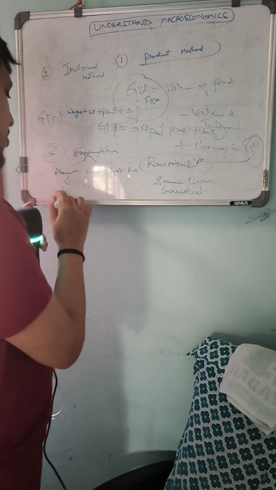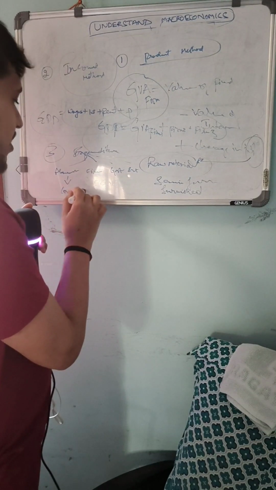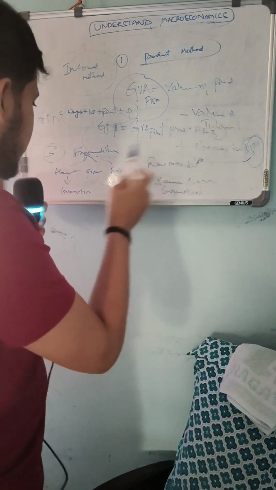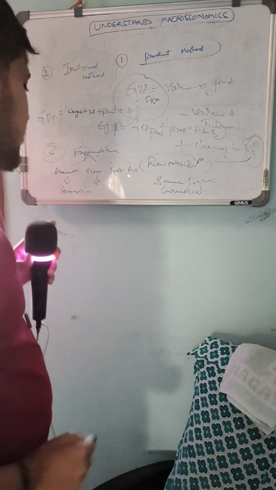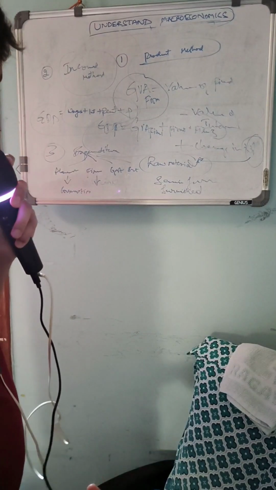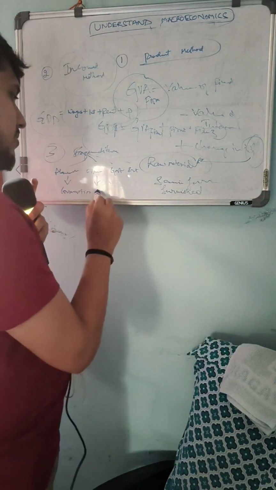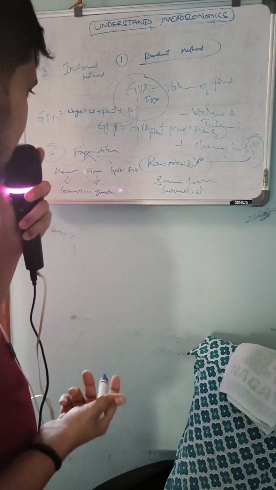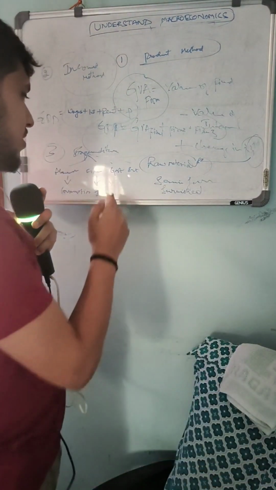Household, consumption. They consume final goods, right? Next, firms, what do they do? They do investments on capital goods, machineries, tools.